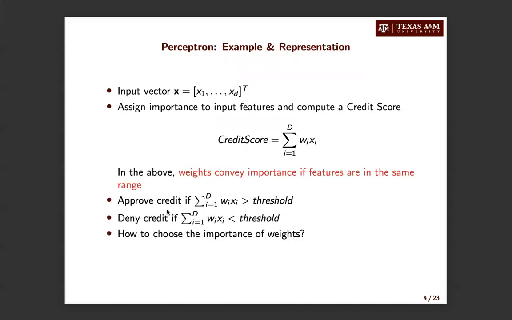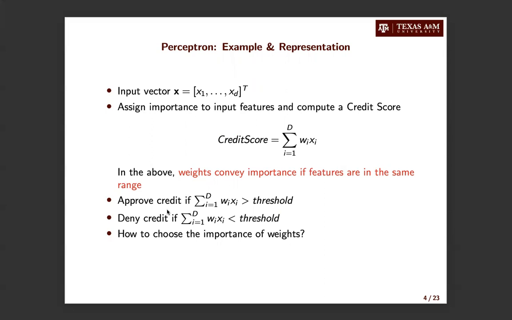So let's assume that we have an input vector x, which belongs to d different dimensions, meaning that it has d input features. If we were to think about this credit score application problem, we would most probably assign each of the attributes a certain weight.